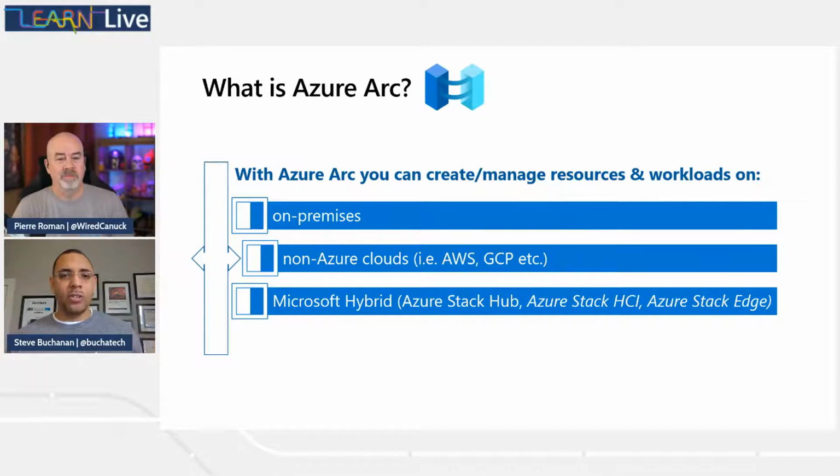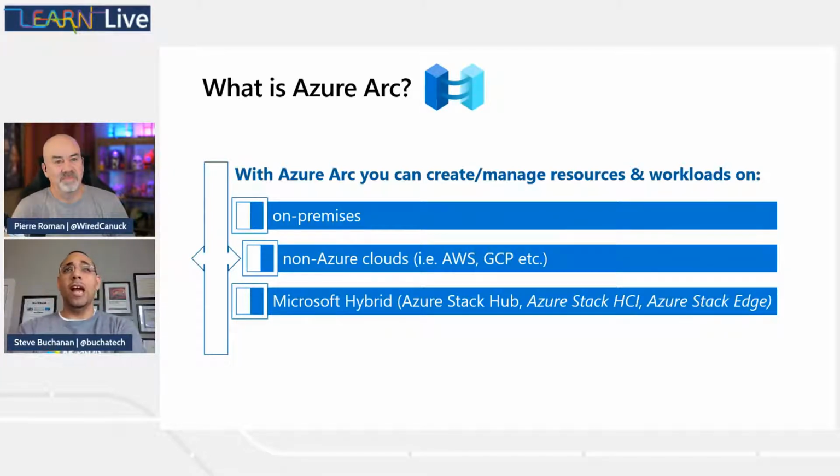And so Azure Arc can extend to on-premises, whether that's in your data center, maybe it's a colo, non-Microsoft or non-Azure clouds, if you want to term it that way. For example, AWS and GCP. It will work with the other clouds as well. And then also Microsoft Hybrid.